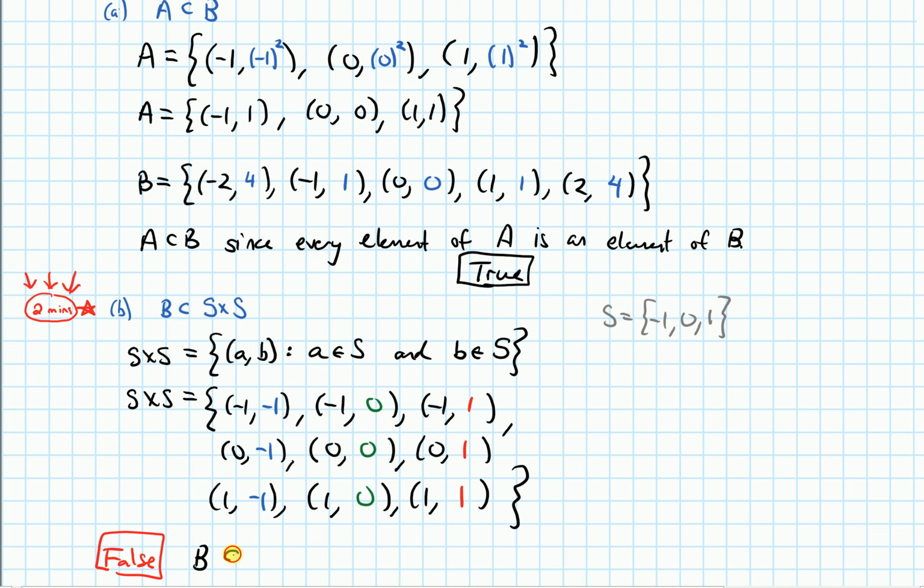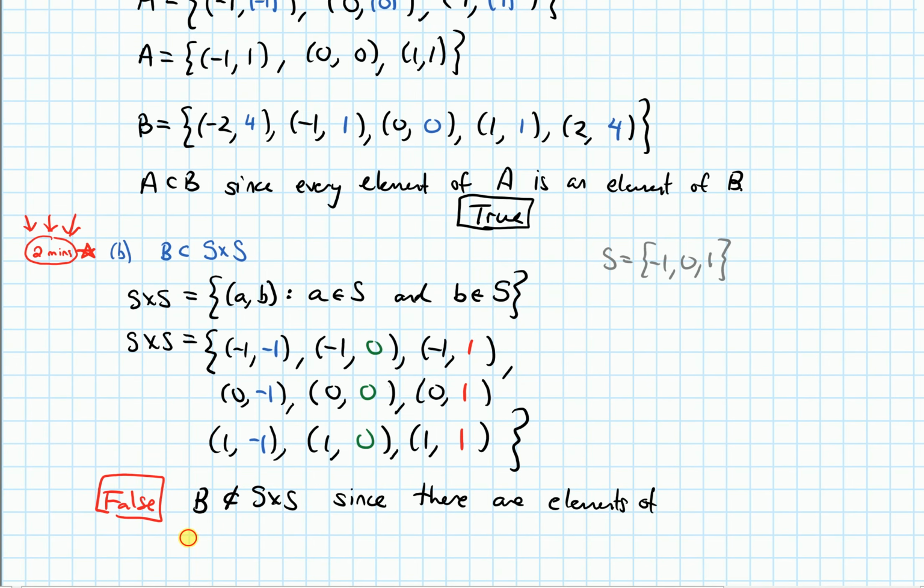B is not a subset of S cross S since there are elements of B that are not in S cross S, like the ordered pair (-2, 4). That's one example, and that shows that B is not a subset of S cross S.